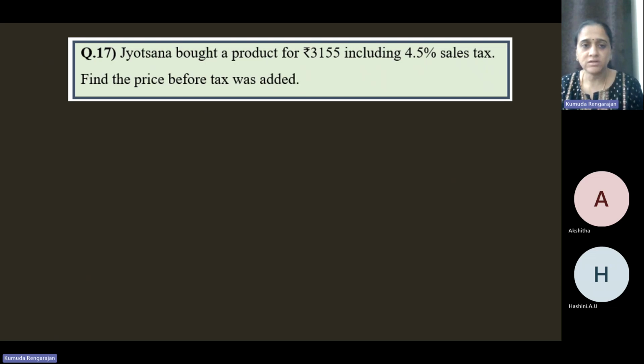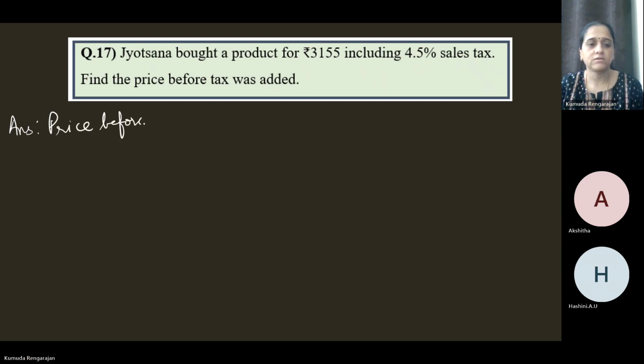Okay, Jyotsana bought a product for rupees 3,155, including 4.5% sales tax. So find the price before tax was added. What's the equation we learned in the morning? Price before tax plus tax is equal to price after tax. This is the equation we learned in the morning.